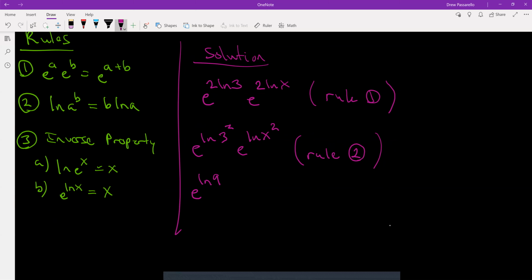Well, I can use this inverse relationship. The e and ln cancel out to where you just get the x squared. So it'd be times x squared by the inverse relationship.